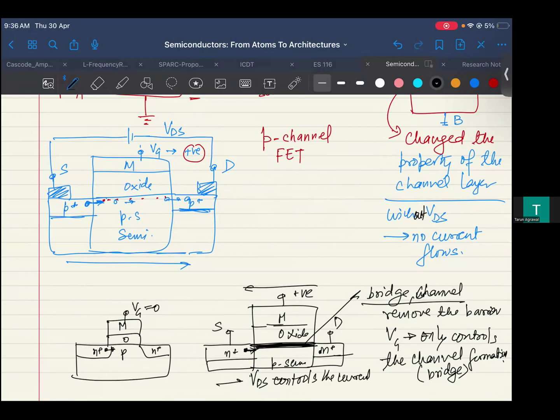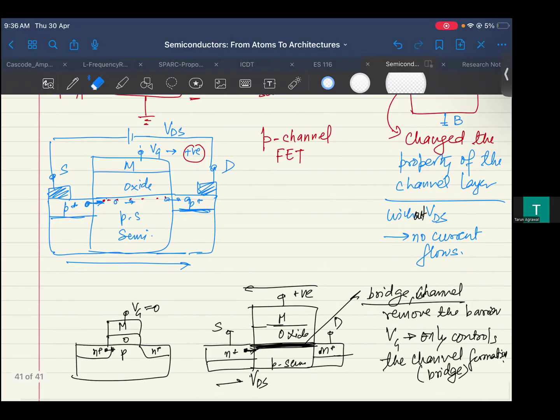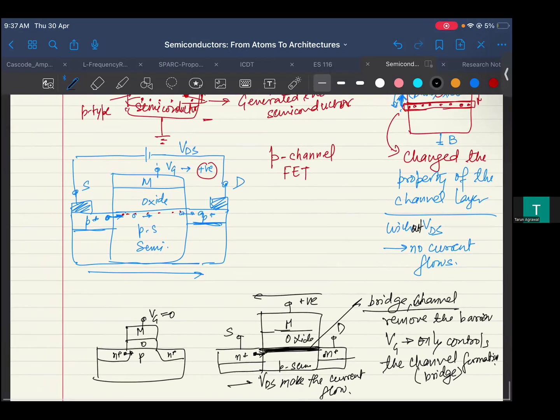Control is not the right word, because we already see Vg is the one which controls the charge, so VDS makes the current flow. Okay. So that is very important that you understand these terminals when you are studying about MOSFET, so that you don't get confused again and again.